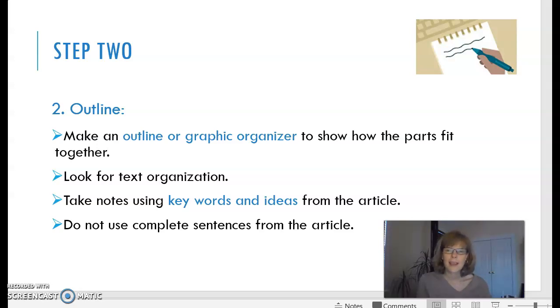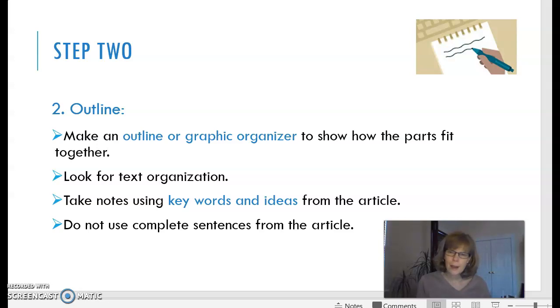Look for the text organization that you might find. There are some key words in this article that tell you about different approaches, different ways. There are some keywords that tell you about the process, what comes first, what comes next, and those are going to help you see text organization.